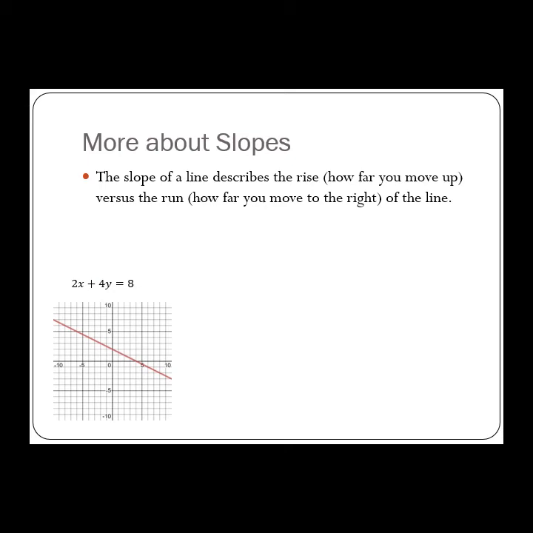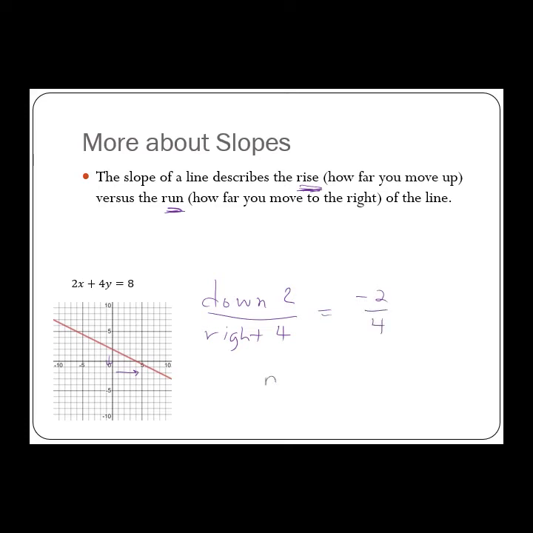In general, some of the terms you might hear, you might recall them from before. Sometimes the slope is called the rise versus the run. How far have you gone down and then over? So this is the same example that we had before, and we can see that we go down 2 and right 4 as we move from there and then across, and so that is a slope of negative 2 over 4.